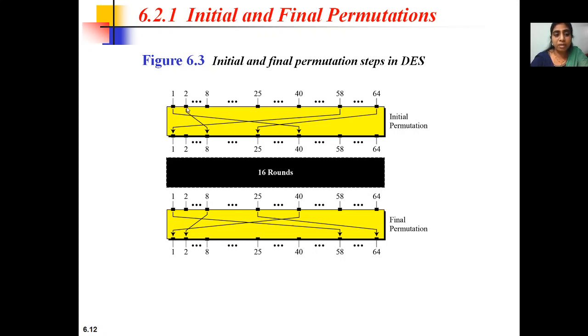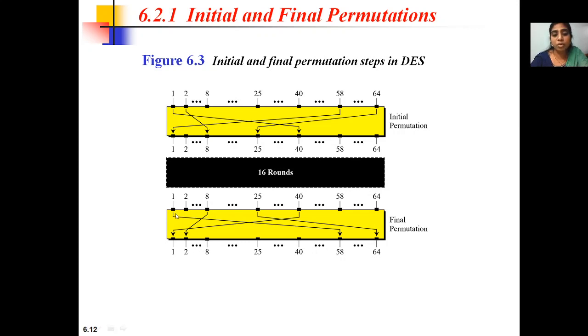My second bit value becomes the 8th bit in the initial permutation. Similarly, my 25th bit value is nothing but the 64th bit in the plain text. In the similar way, we are going to have the final permutation also.